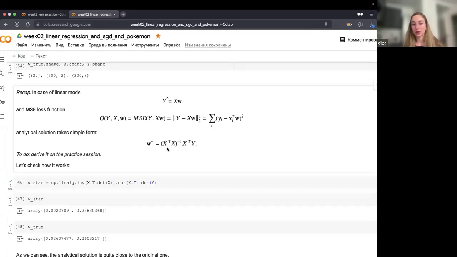You have the matrix of your features transposed, multiply by this matrix, take the inverse, multiply by X transpose, and multiply by the target in your training dataset. And you get your weights. But tell me why this method works worse when we have lots of features and lots of data.